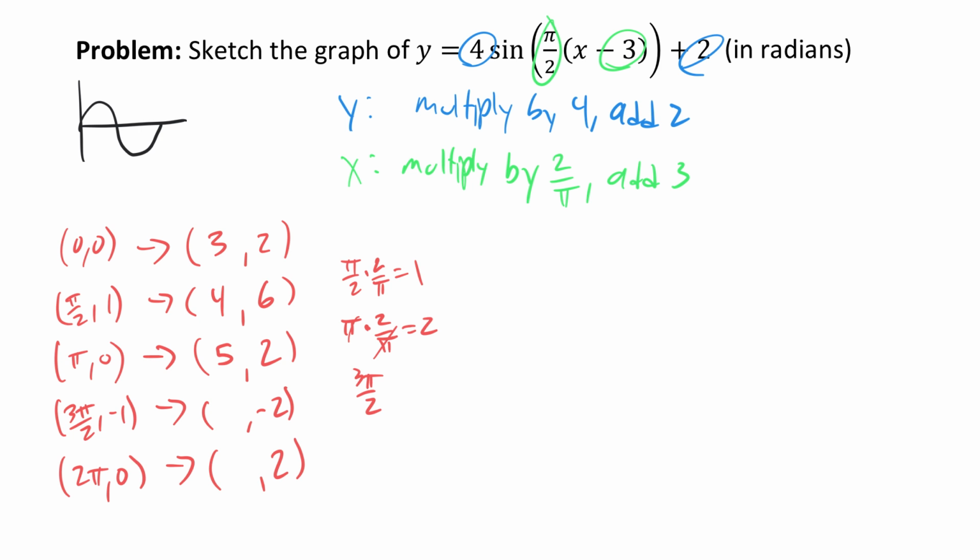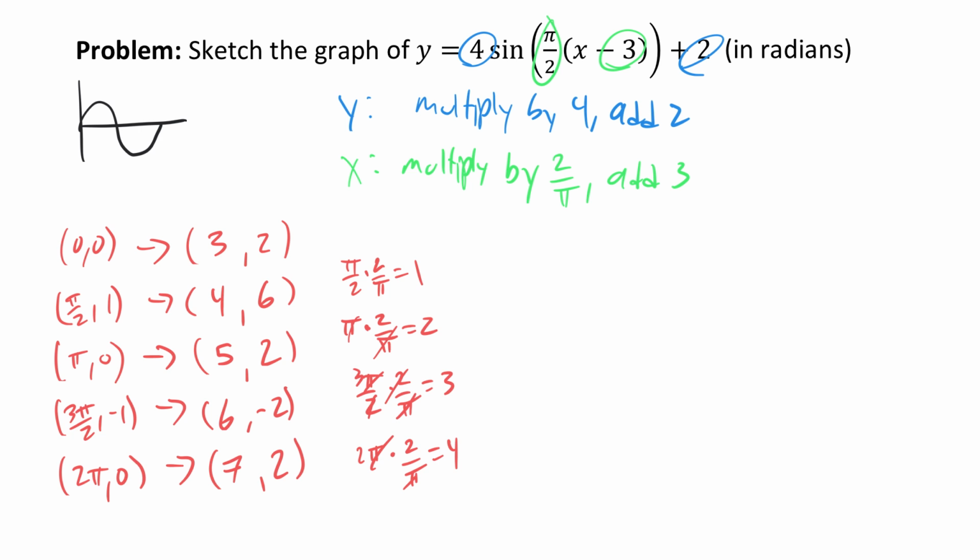Okay, maybe I'm getting the hang of this. 3 pi over 2 times 2 over pi. The pi's cancel, the 2 cancels, and we just get 3. 3 plus 3 is 6. All right, last one. 2 pi times 2 over pi. The pi's cancel, and 2 times 2 is 4, plus 3 is 7.